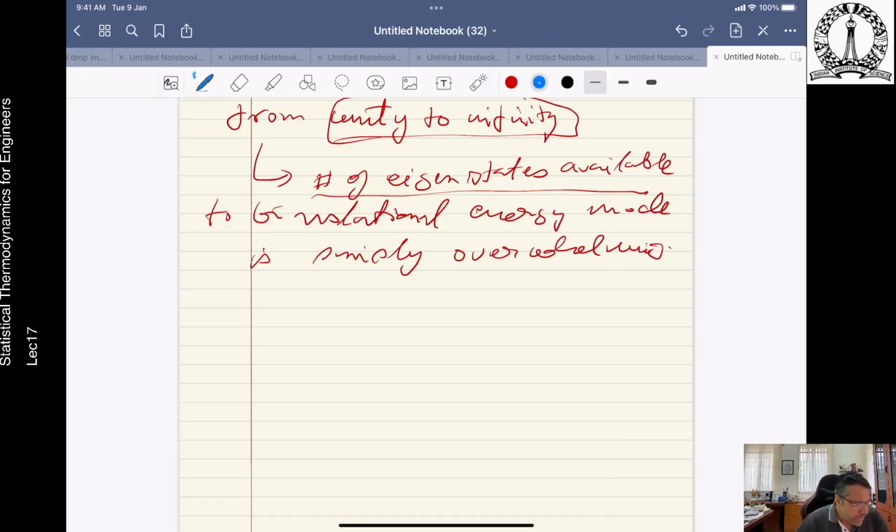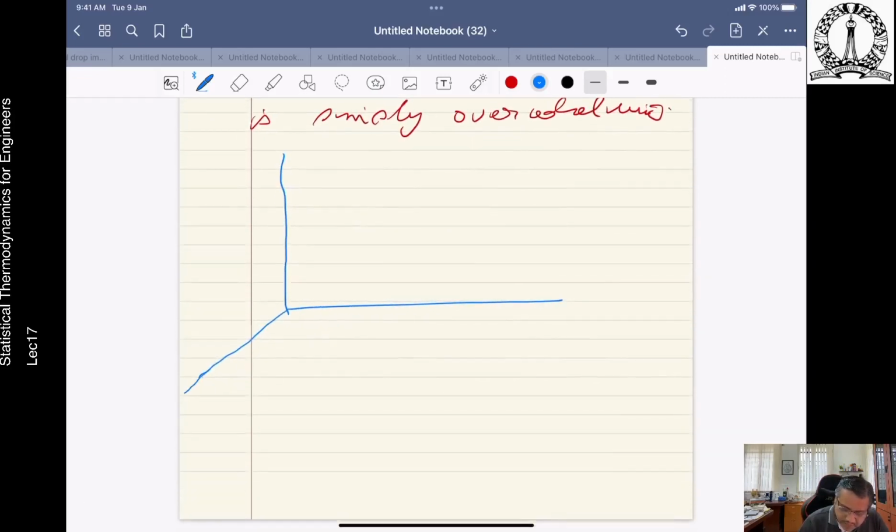So we can represent each possible energy state by its own cube in a 3D space. So how to do that? Let's take a look at this. These are the different quantum number axes, n1, n2 and n3.